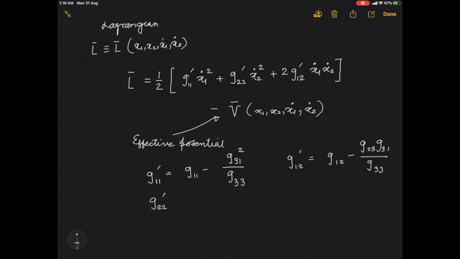There's no harm in writing down the only thing which is remaining, and you can figure out what it is just by looking at here. So this is G11, this is also 11, one with prime, the other without prime, and then what I have written here is 3 with 1. So here I will write 2 with 1 and then G33.